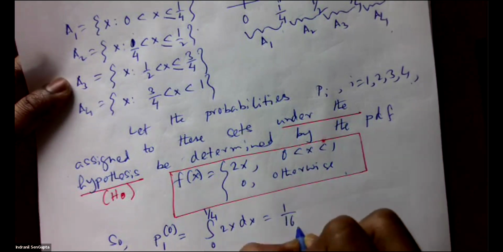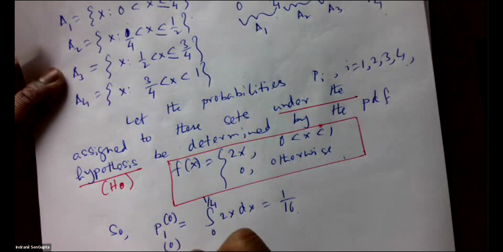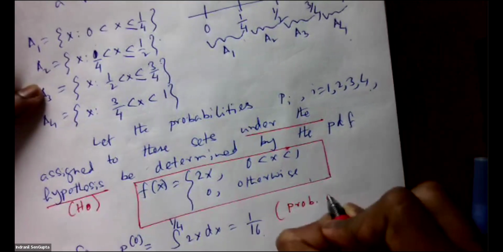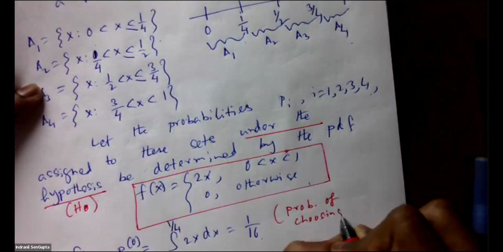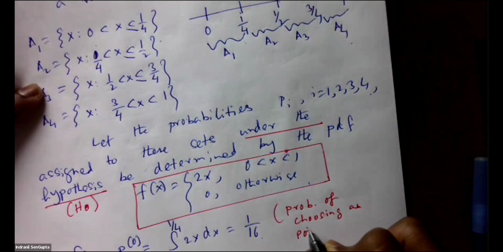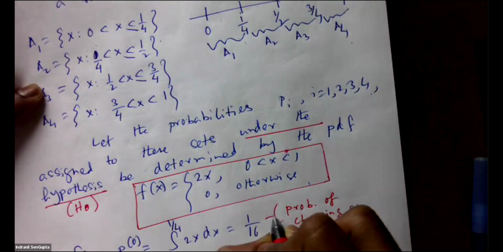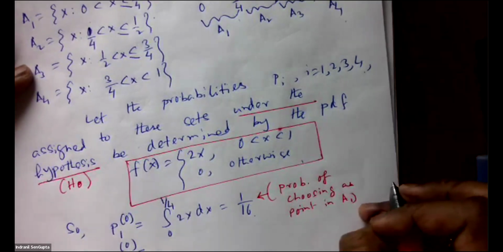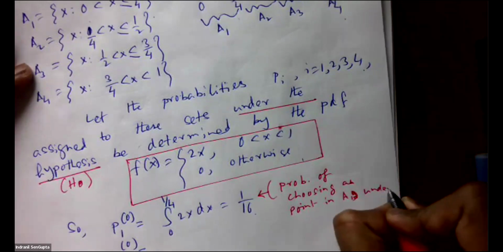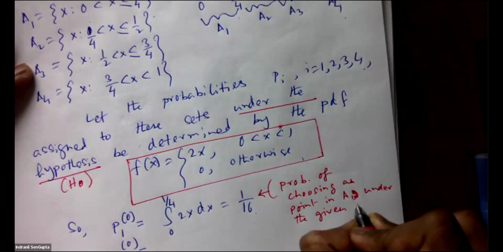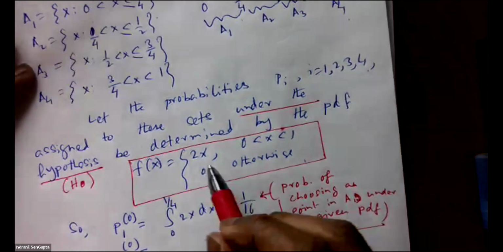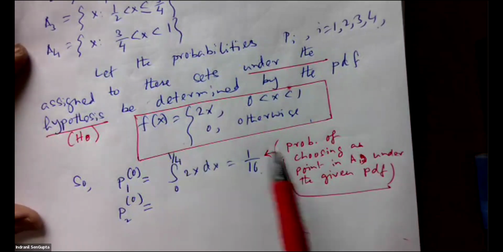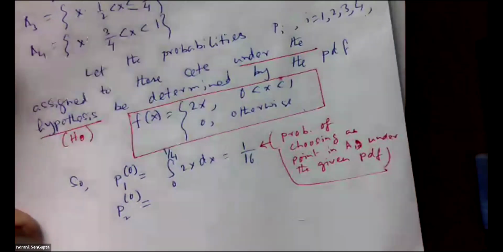If you compute it, 1/16. This is the probability of choosing a point in A1 under the given PDF. Suppose for some reason we have reasons to believe that the PDF is given by 2x. In that case, the probability of choosing a point from the first interval is 1/16.